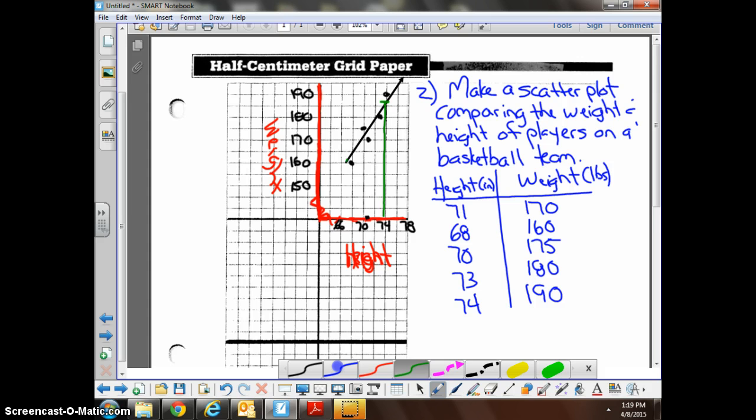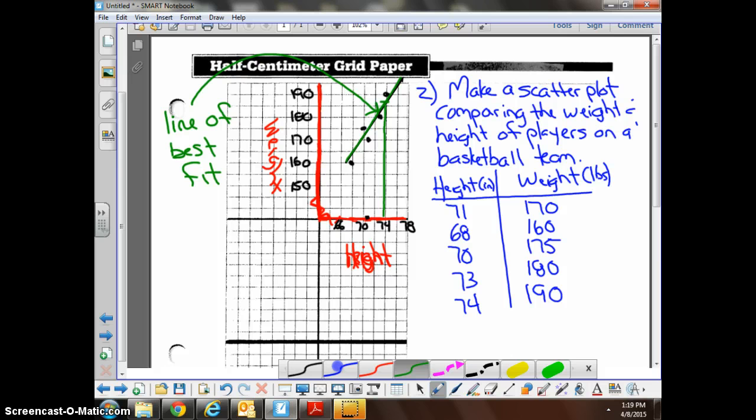This line right here, this line that you just drew, has a name. We're going to call this line of best fit. Go ahead and write that down. That's one of your vocab words. The line of best fit is going to be this line right here.